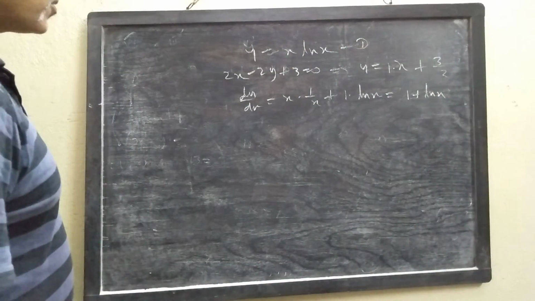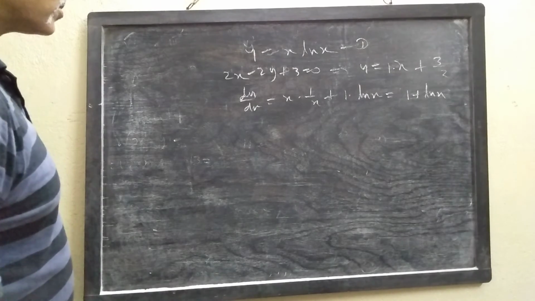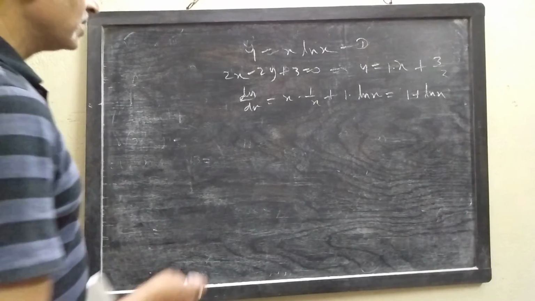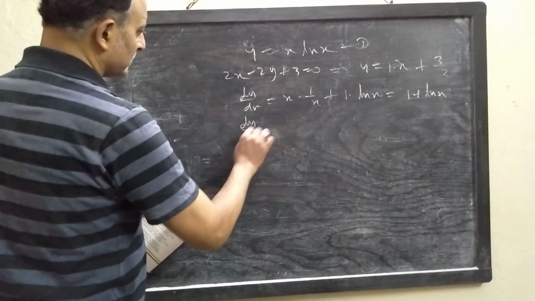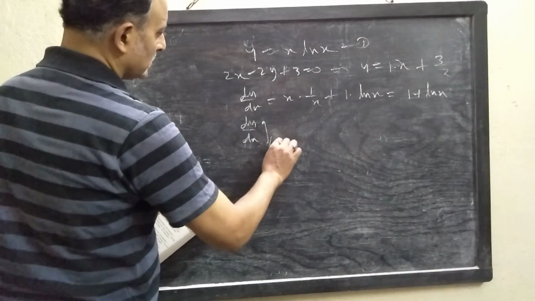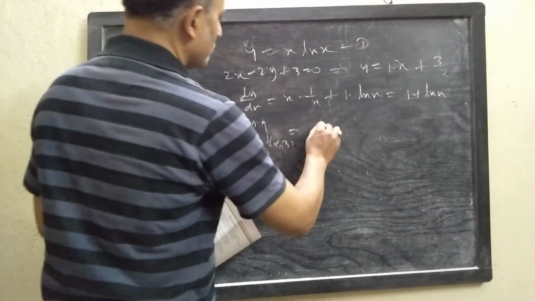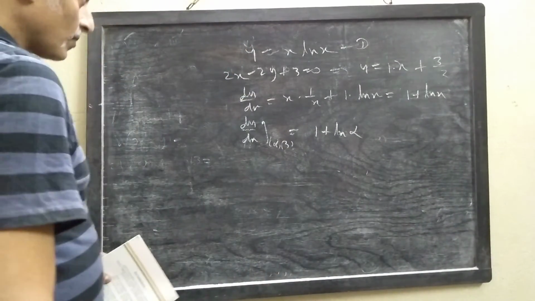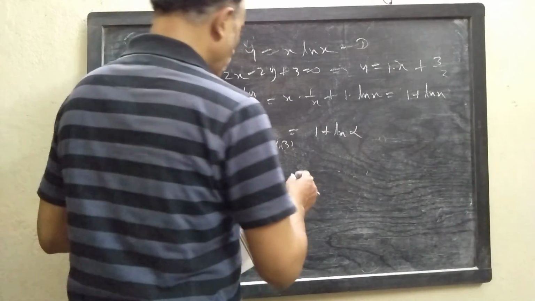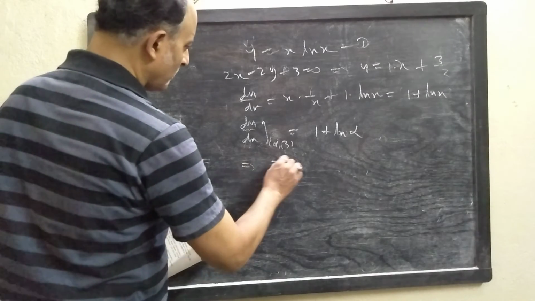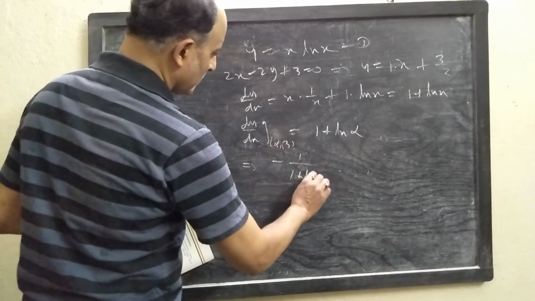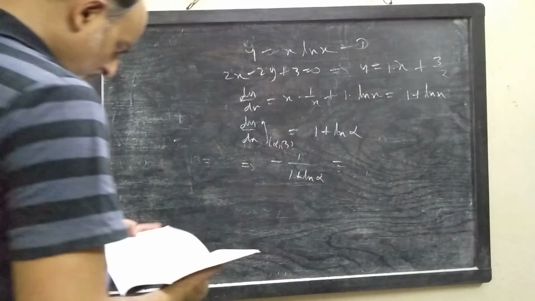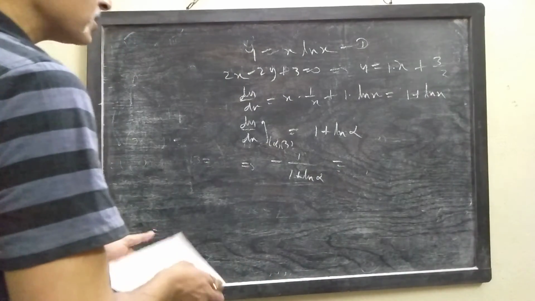If we consider the required point to be alpha beta, that is the point of contact where the normal is drawn, then dy/dx at alpha beta becomes 1 plus ln alpha. So slope of normal will be minus 1 by (1 plus ln alpha), and that should equal 1 because the normal is parallel to this line.